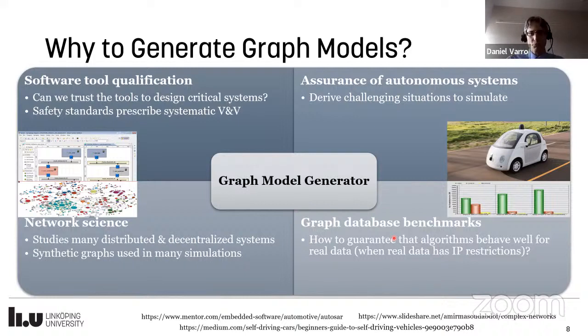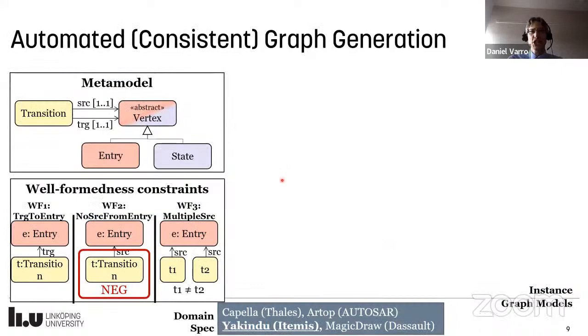So companies cannot show you the real database, yet you need to demonstrate that your, I don't know, graph query technique would scale well in the context of real data as well. So these are 4 different cases that bring us to the same conceptual challenge. Imagine that you have your domain specification given in the form of a metamodel or a type graph and a set of well-formedness constraints.